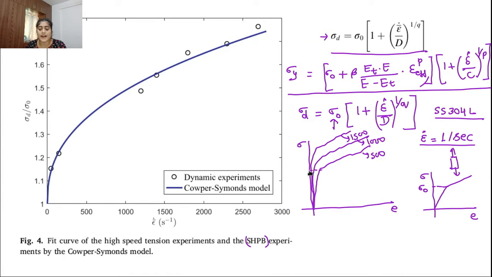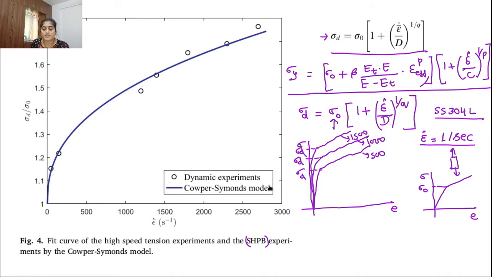This is called the dynamic yield stress. This is for 1000, this is for 1500. So these are your dynamic yield stresses at different strain rates, and you can simply find the dynamic yield stress values and the corresponding strain rates.